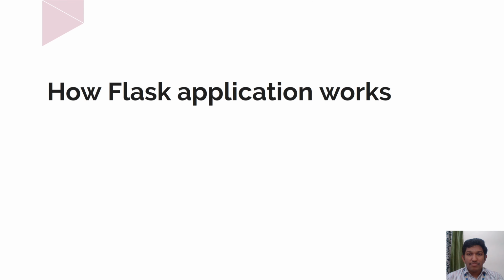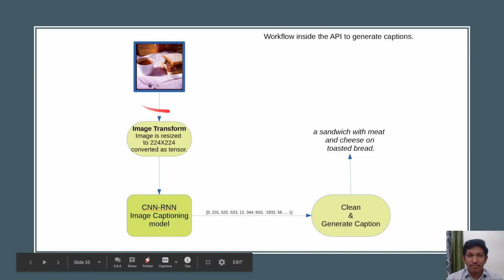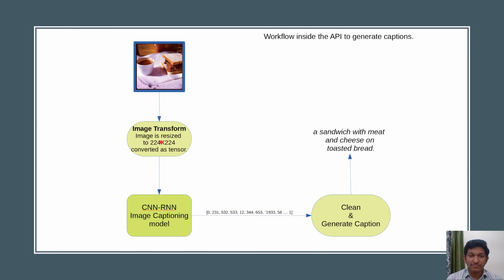How our Flask application works. So this will be the flow of our Flask API. Whenever an image is given to it, it will be transformed into a 224 into 3 vector. Here I forgot to mention the 3.